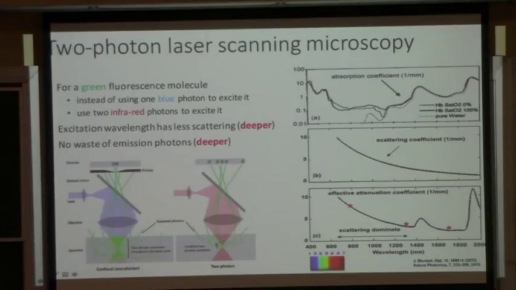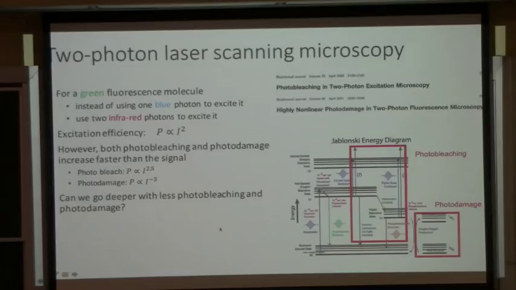So you can only image this single point in your sample or in vivo, and it will help to increase the resolution and the depth of your image. However, there is a problem for two photon imaging, which is photobleaching and photodamage. It is a state where the molecule reaches a triplet state and cannot come back. So it is a general decay of the signal or the excitation.